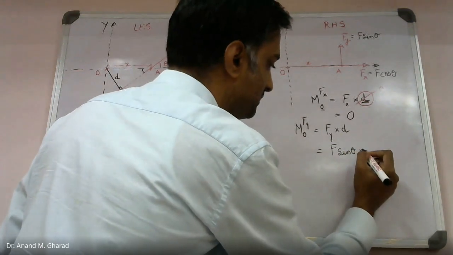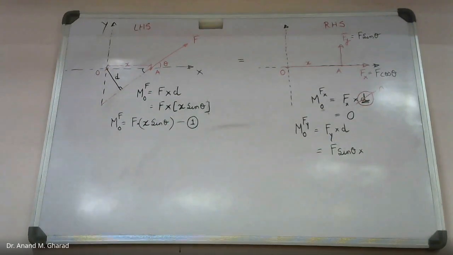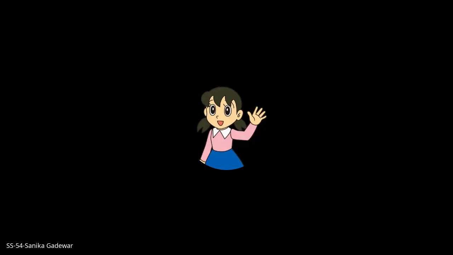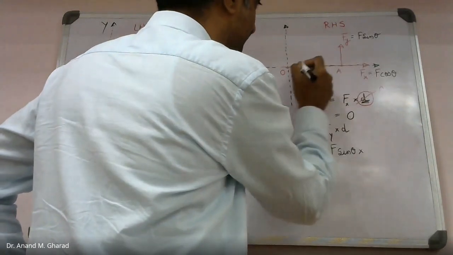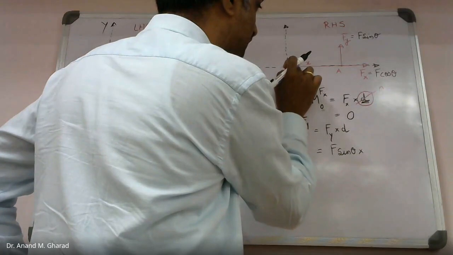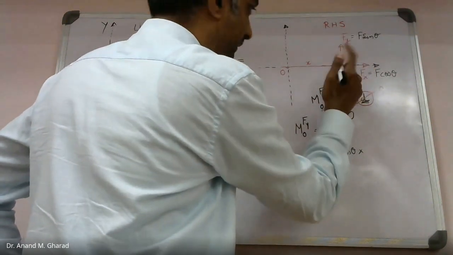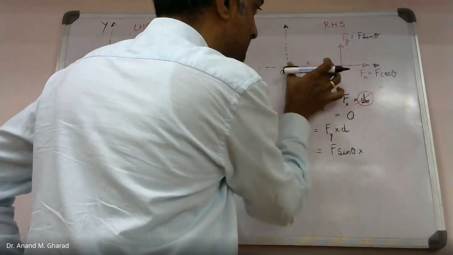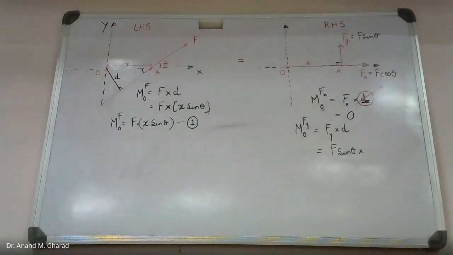And now can you please let me know what should be this d value? x. Yes, it will be x. Now see, why? Because if you see the distance from the moment center to the line of action of this force Fy, you will see this x is making a perpendicular distance to the line of action of that force.